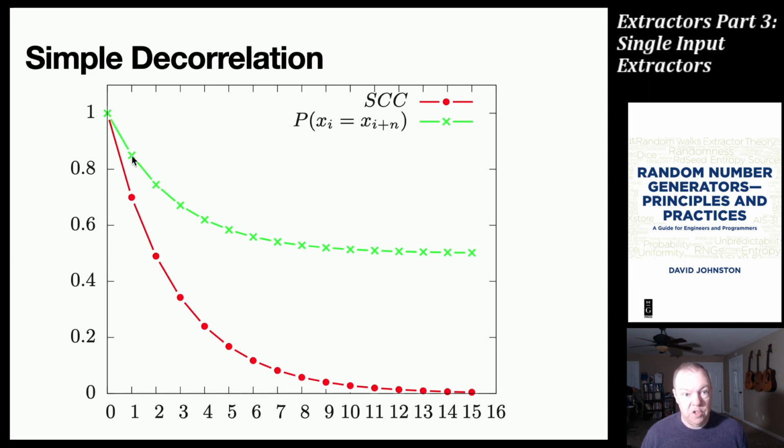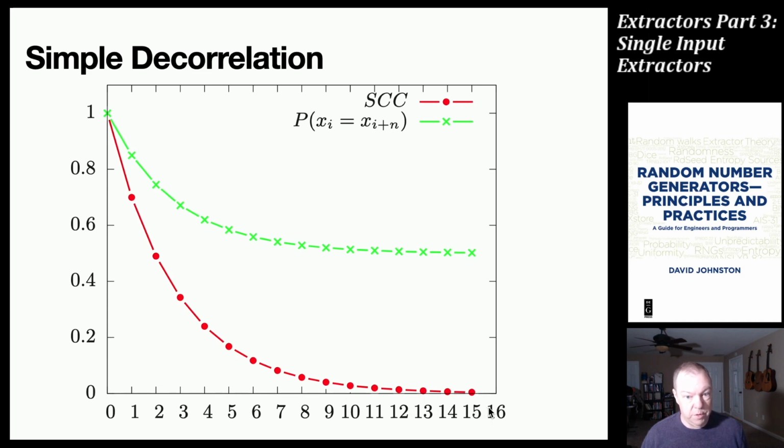So what this is showing is the serial correlation between a bit and a bit that is one bit away from it in the data pattern, or 2 bits away, or 3, and so on. So when you're comparing bits that are different distances away within the data, you're showing what the correlation change is as that distance increases.